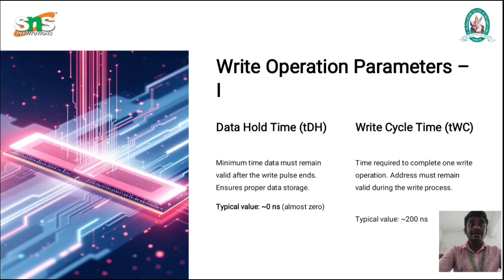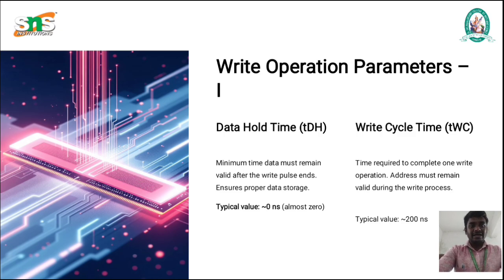If you are taking input from any computer or IC, it fetches the input and holds it for some time in the accumulator. That time is the data hold time. Typically its value is very small, almost 0 nanoseconds.